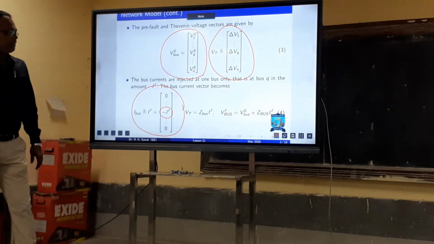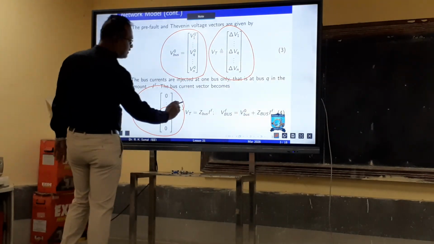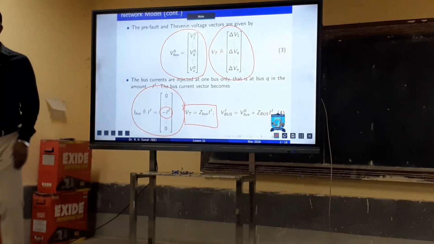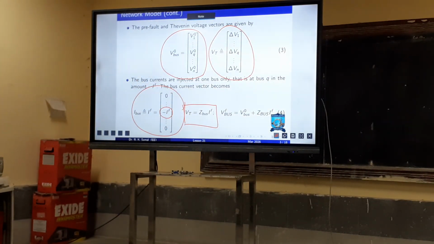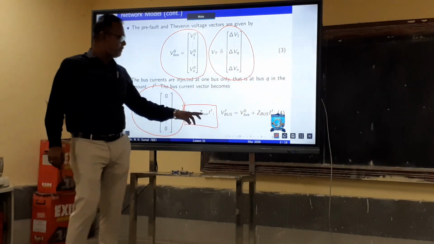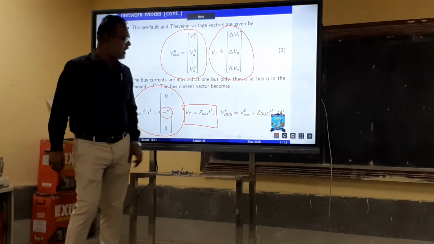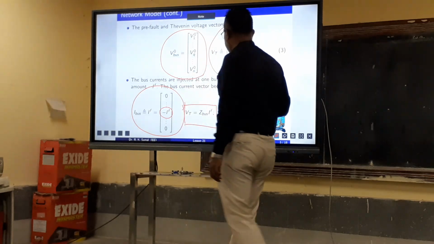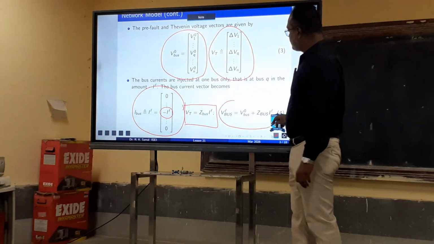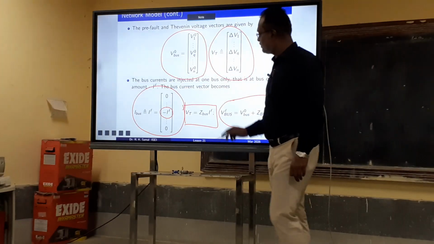And this Thevenin voltage is given by Z bus into IF. Last class we did this manually. We found out the Thevenin equivalent impedance. And hence the total voltage at the faulted bus is given by this equation.